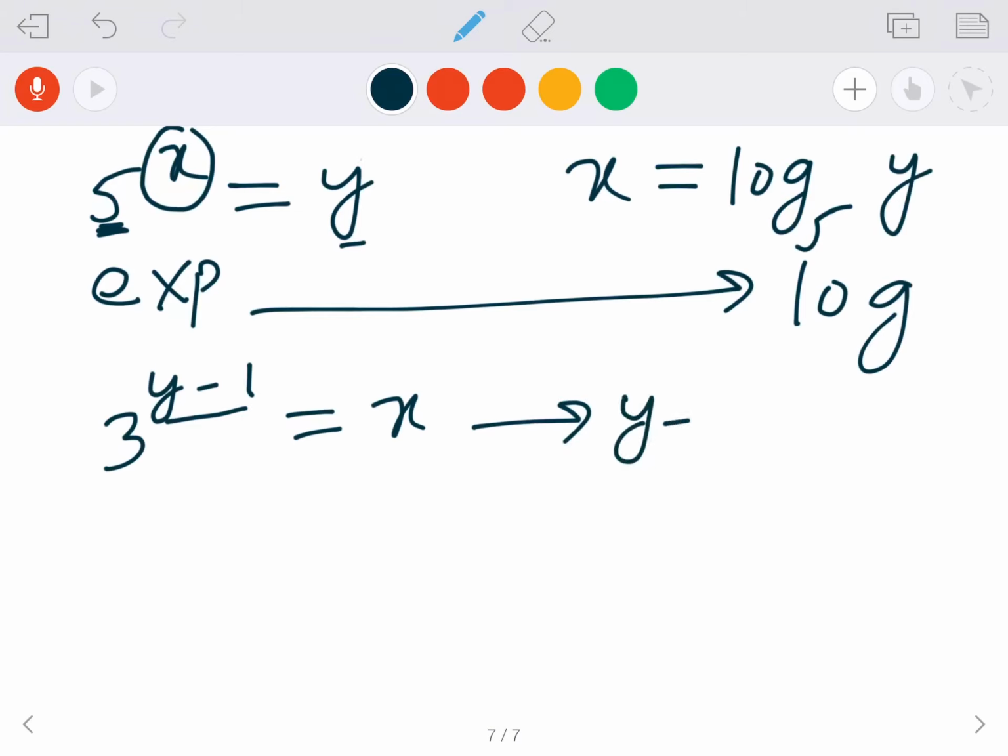So y minus 1 is equal to, now we're going to introduce log base 3 of x. All right, so this is how you change from an exponential function to a log function.